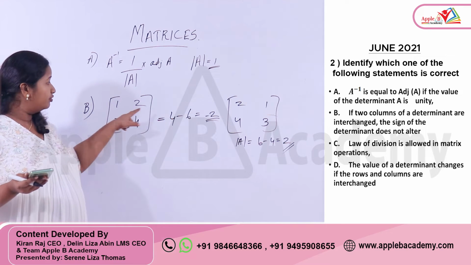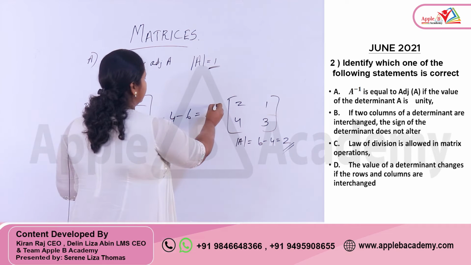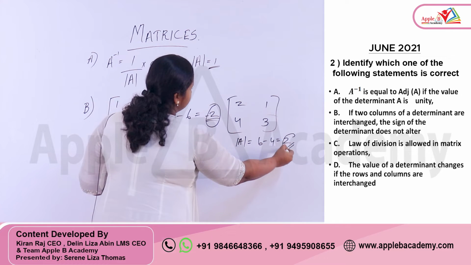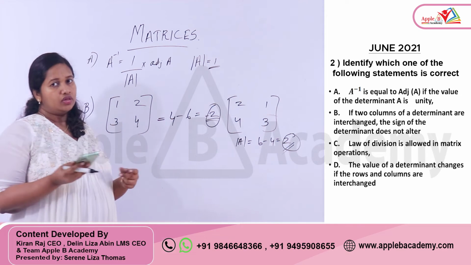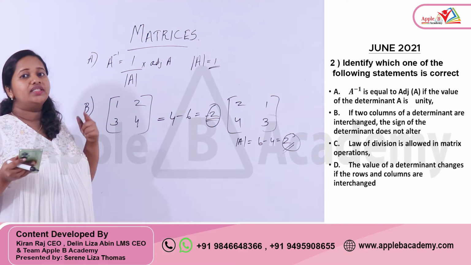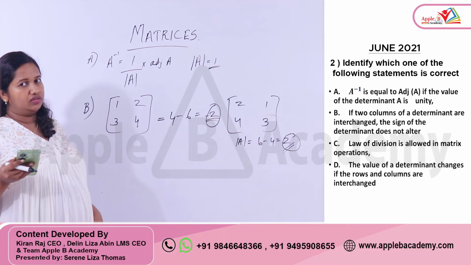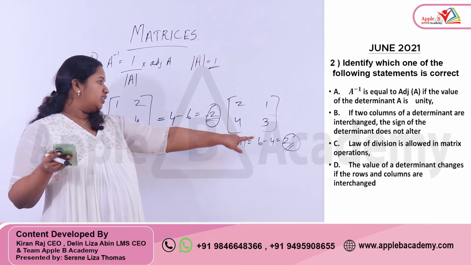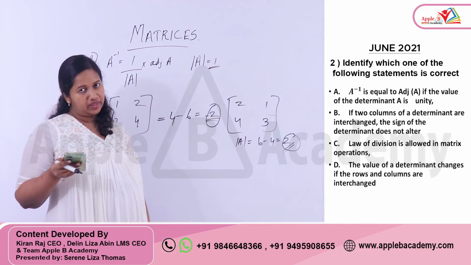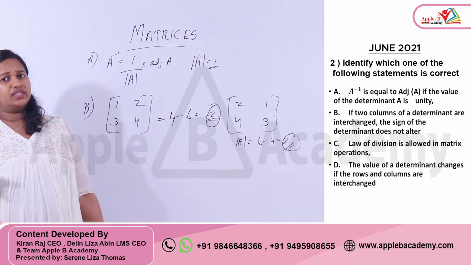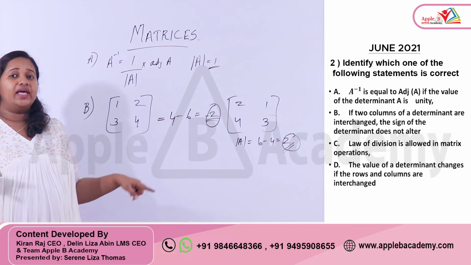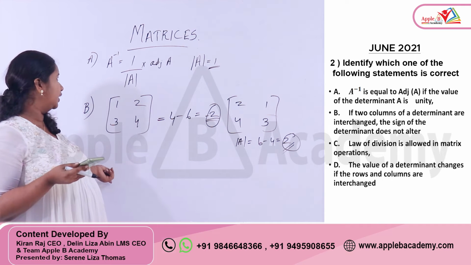The value does not change. What changes is the sign of the determinant. So, the value of the determinant does not change when any two rows or columns are interchanged, but the sign of the determinant changes. Clear?